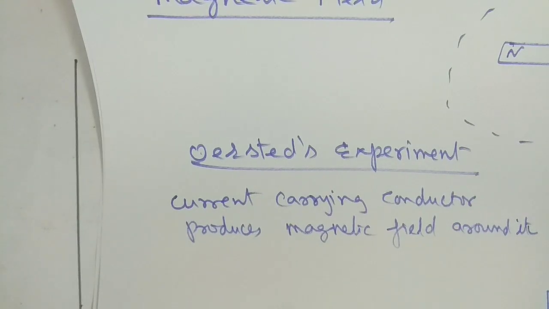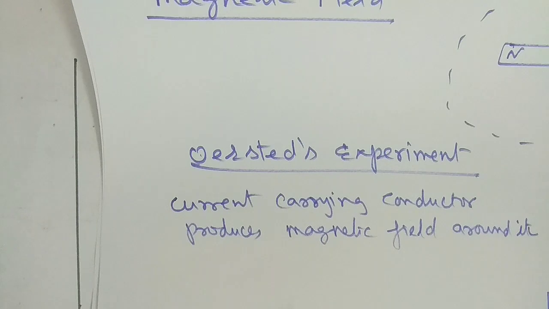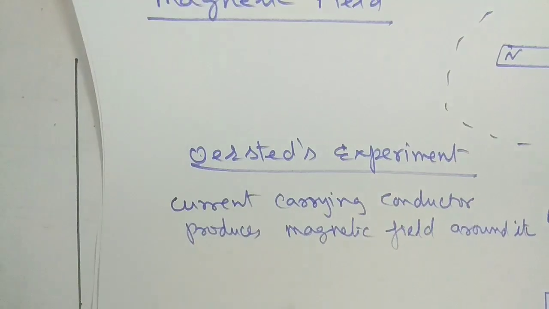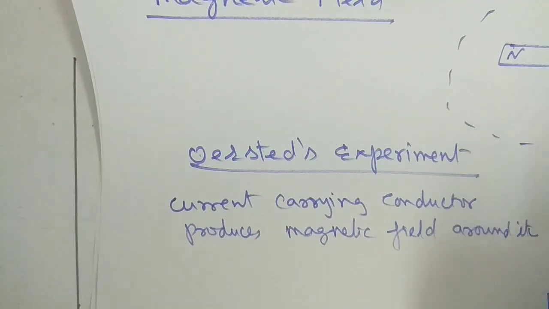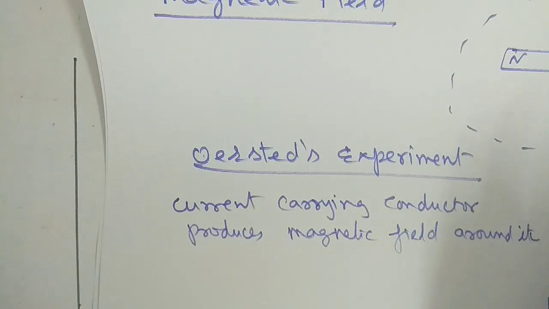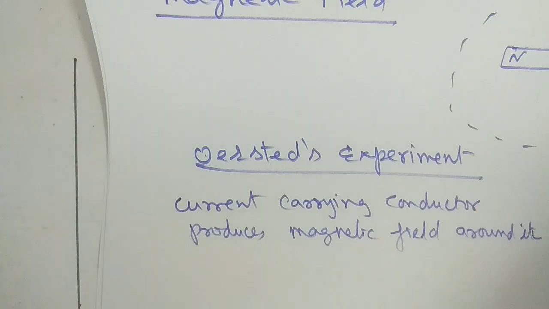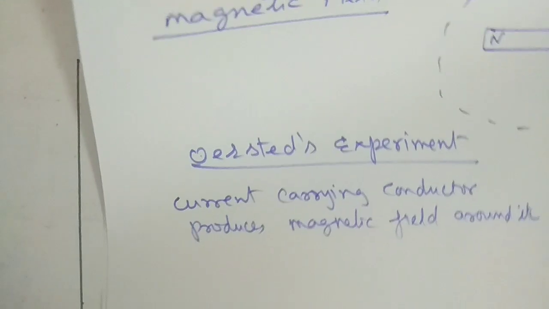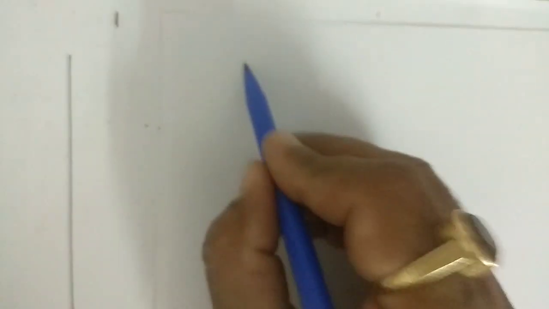Now it was again explained with more new points, that is, how can we find the magnetic field due to a current carrying conductor. It was explained by Biot Savart. So we'll discuss what is Biot Savart's law.